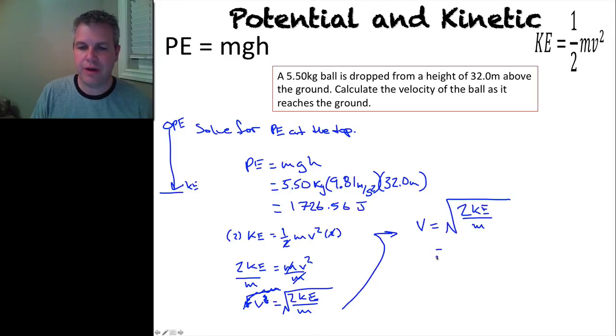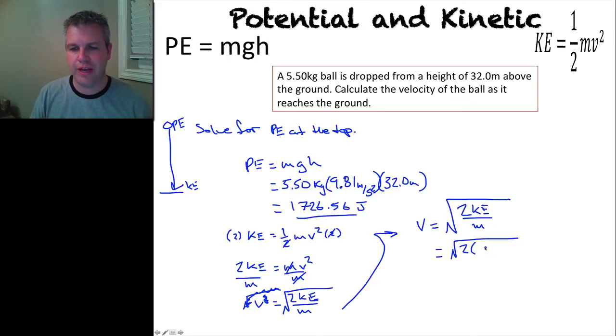Now I just have to put in all my numbers and solve. So the square root of 2 times, and I'm going to use my value for potential energy right here in this equation for kinetic energy, 1726.56 joules, divided by my mass, which is 5.50 kilograms.